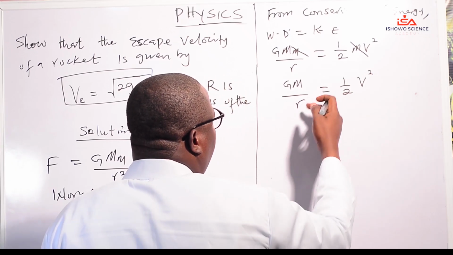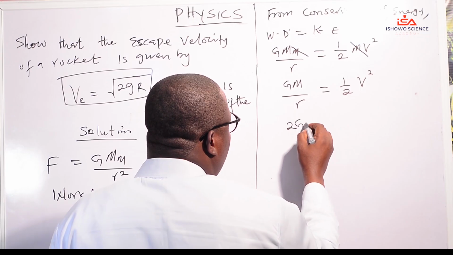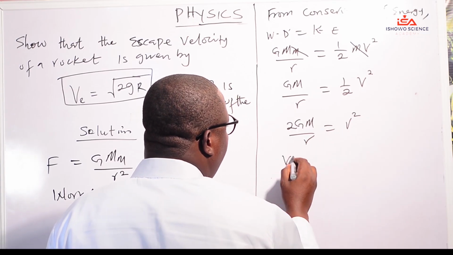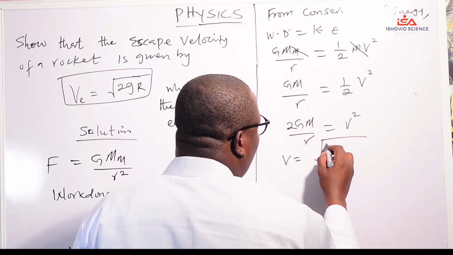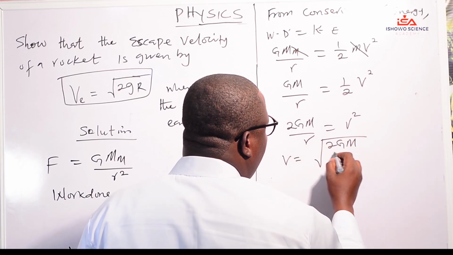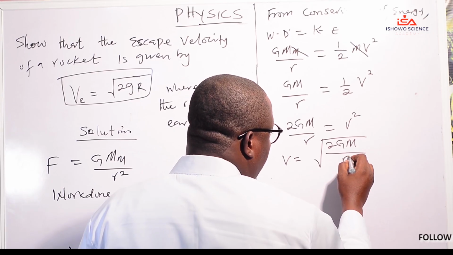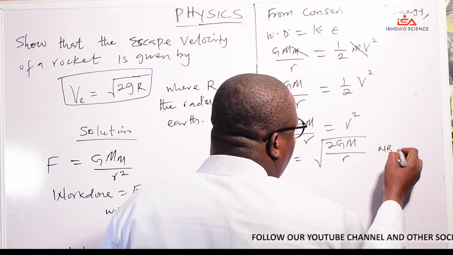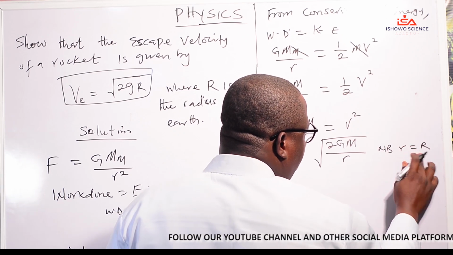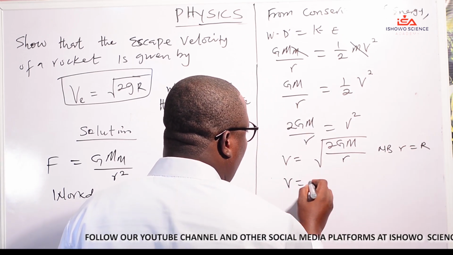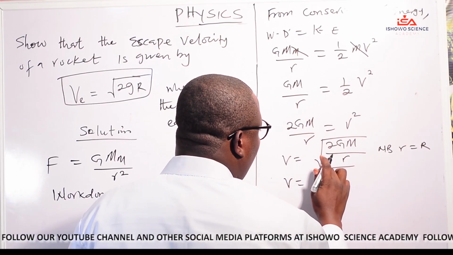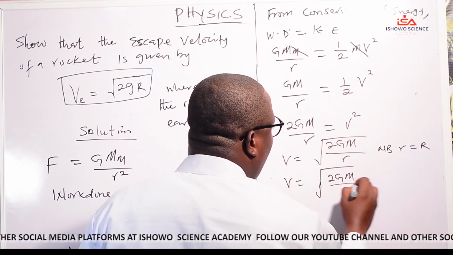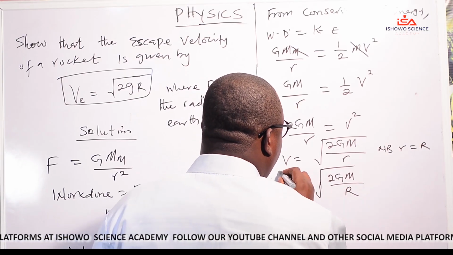When we cross multiply, we have 2GM over r equals v squared, where v is equal to the square root of 2GM over r. But note that r is the same as R in this case. So we can write v equals the square root of 2GM over R.